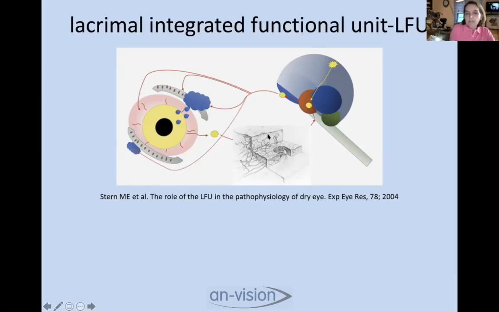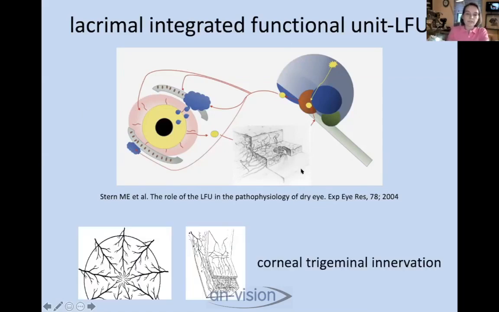And they receive the stimuli, and then this is transferred to the brain, and you have pain, and you have efferent information to the lacrimal gland, to the meibomian gland, and also to the conjunctival goblet cells. So this is a very amazing system that nature created.